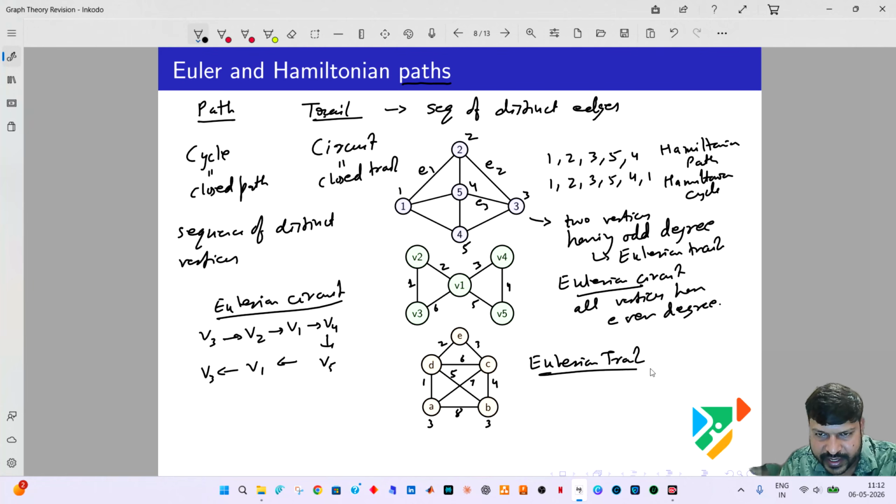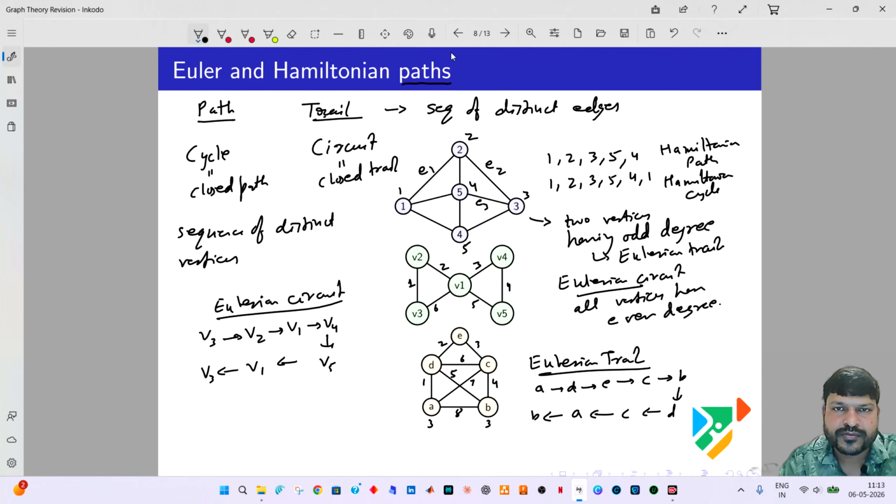Eulerian trail: A to D, D to E, E to C, C to B, B to D, D to C, C to A, and A to B. A, D, E, C, B, D, C, A, B. Okay. Next.